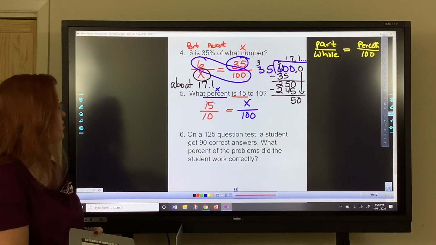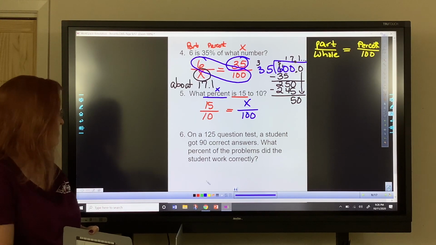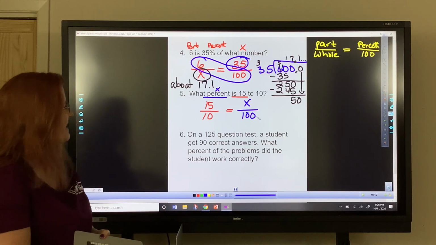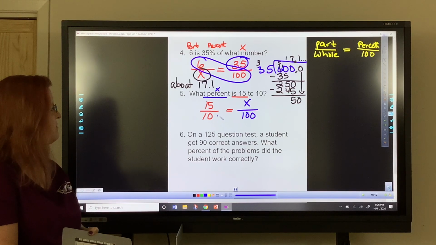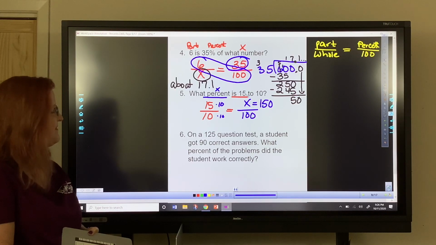You can still do your cross multiply and divide, or how many times do we multiply 10 by to get 100? Well, we would just have to multiply it by 10, and so we would have to multiply 15 by 10, and so we would get 150%. So the percent of 15 to 10 is 150%.